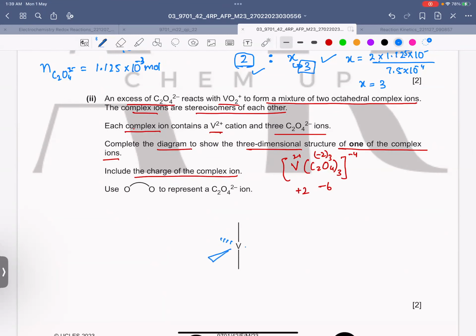So draw 4 more bonds because it's octahedral, and as this is a bidentate ligand, they have shown you 2 atoms. So how can you draw it? Put 1 O over here and 1 O over here and join them. Enclose it in a square bracket.